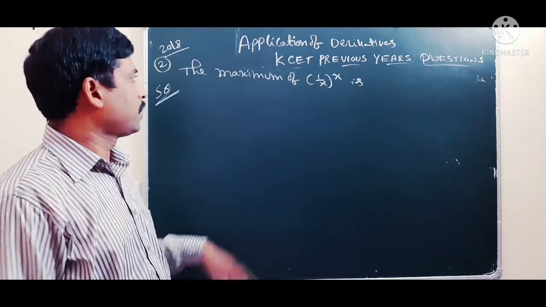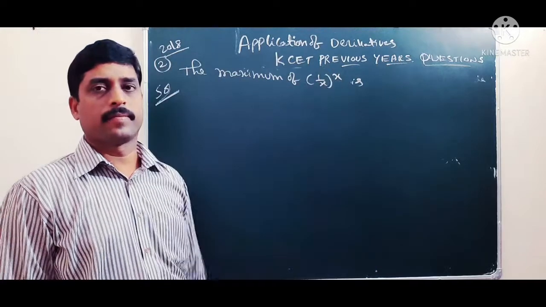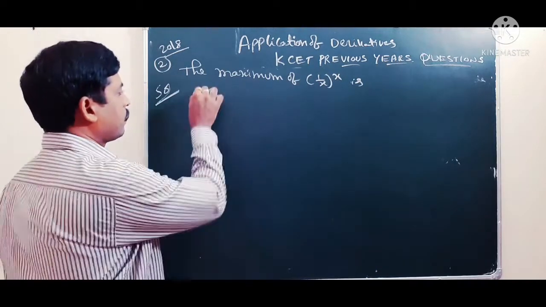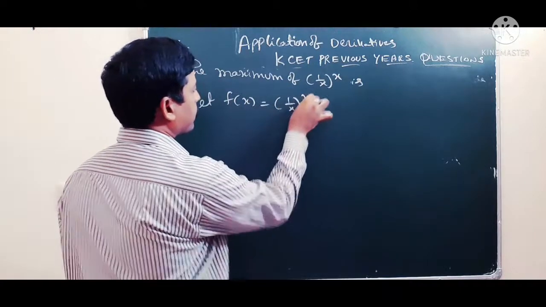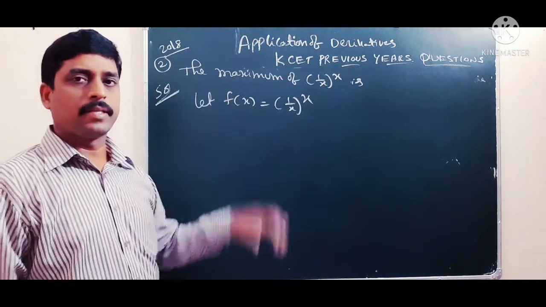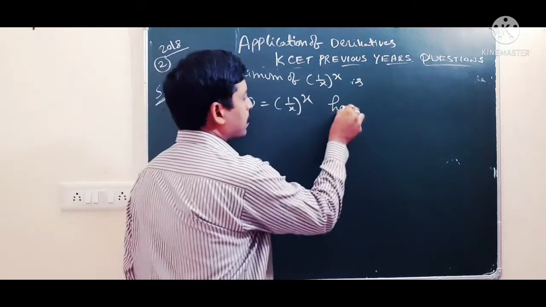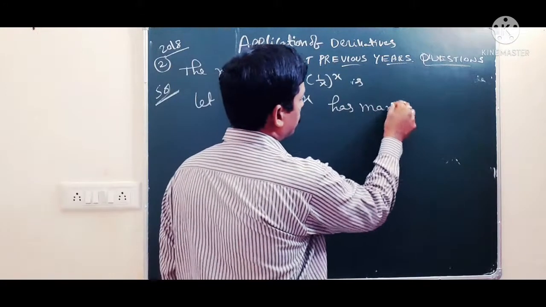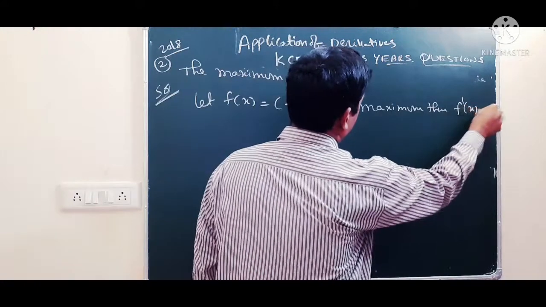This is from 2018. The maximum value of 1 by x power x. Let us take f of x equal to the given expression. If f of x has a maximum value, then its derivative will be 0. As it is maximum, f dash x value will be 0.